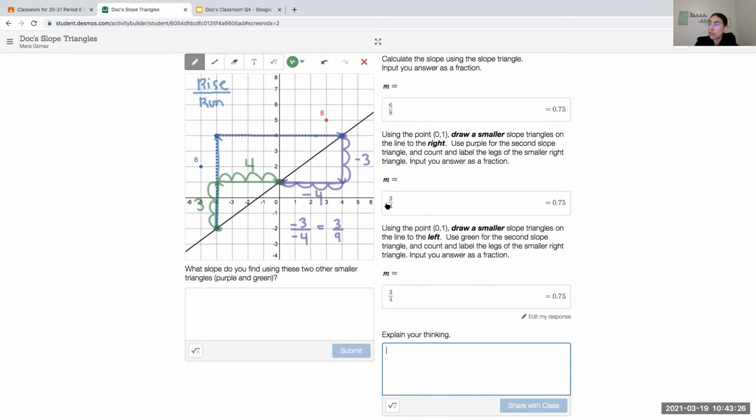The smaller triangle here on the right side, the purple one, gave us 3/4, which is still 0.75. And the green triangle on the left side gave us 3/4, which is still 0.75. What would we be able to explain? What can we see that is going on here? What do you notice with the slopes? So tell me what is going on with the slopes.